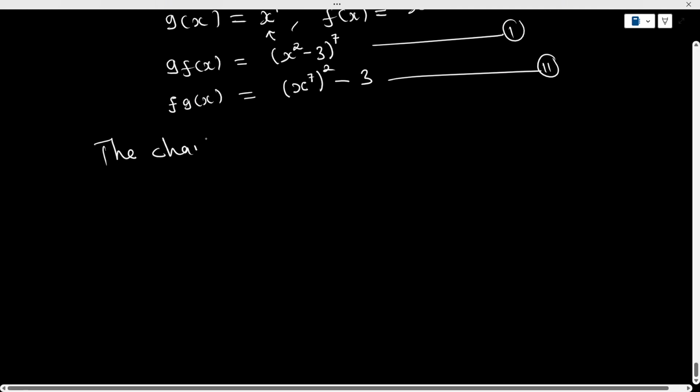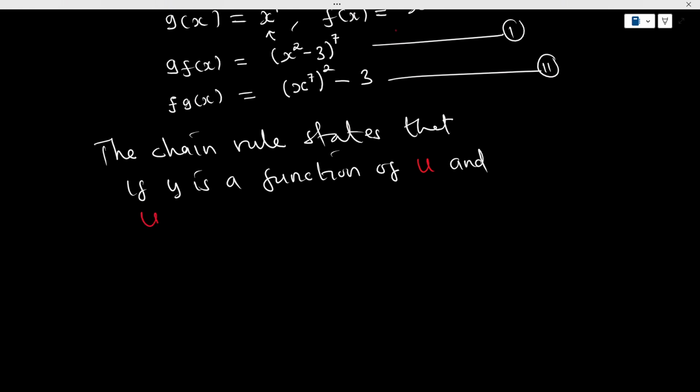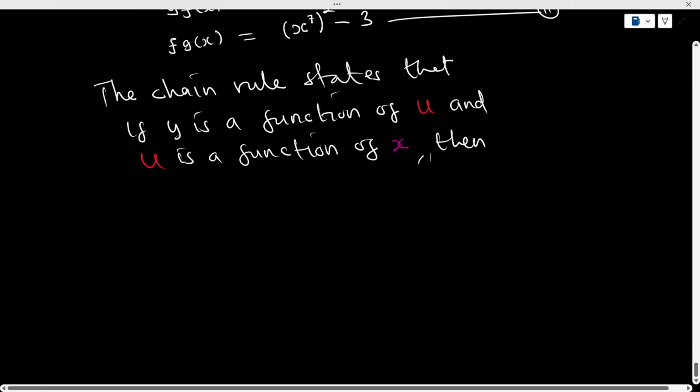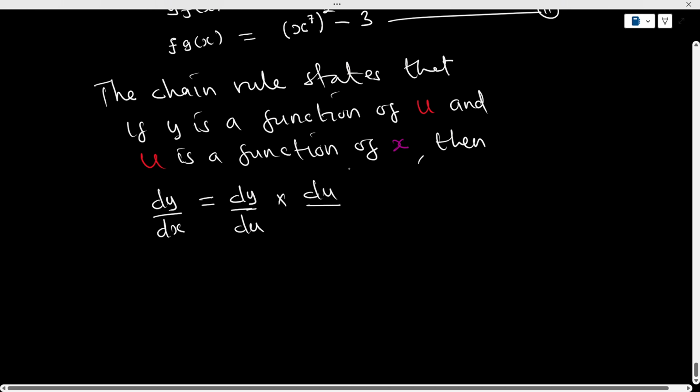The chain rule states that if y is a function of u, and u is a function of x, then the derivative dy dx can be calculated by taking dy over du times du over dx.